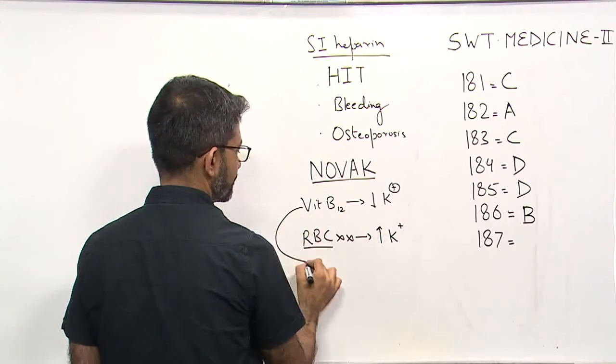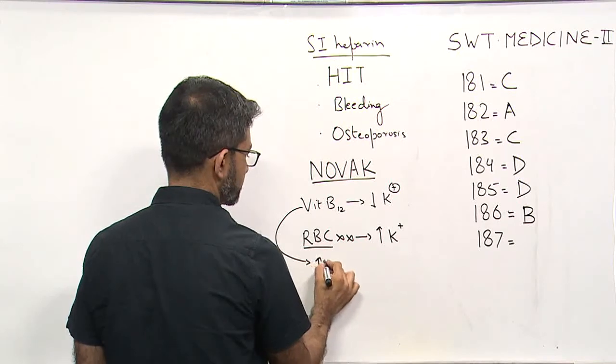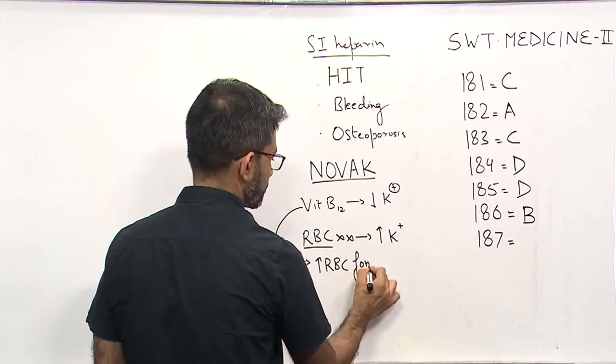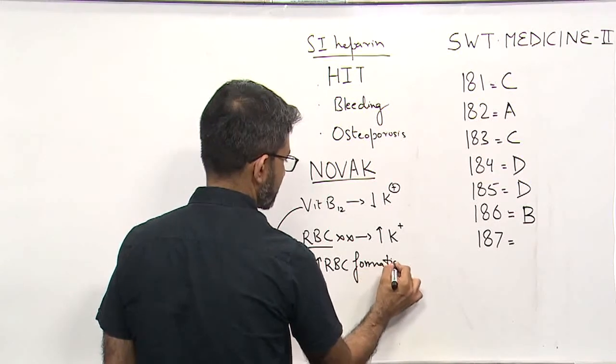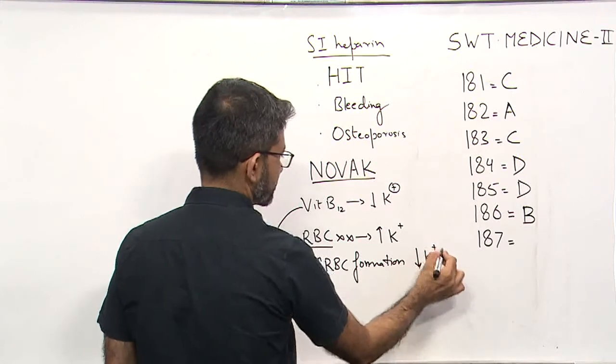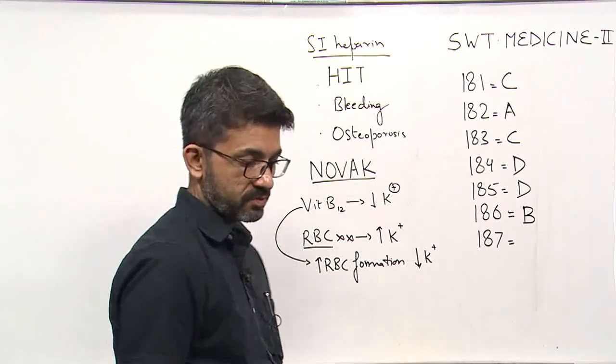Vitamin B12 will cause increased RBC formation, thereby consumption of potassium leading to decreased potassium levels.